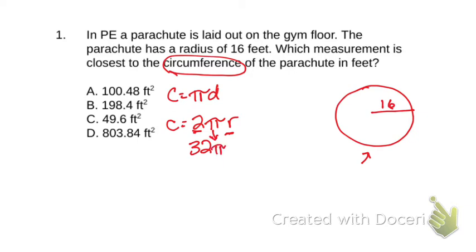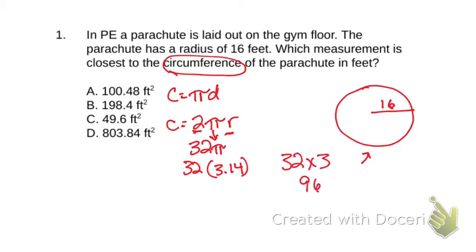Well, even if I just estimated, pi is 3.14, but even if I just estimate and say 32 times 3, I get 96, okay?